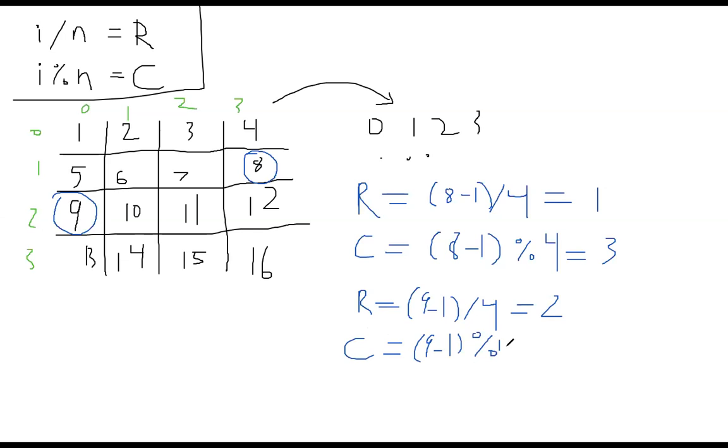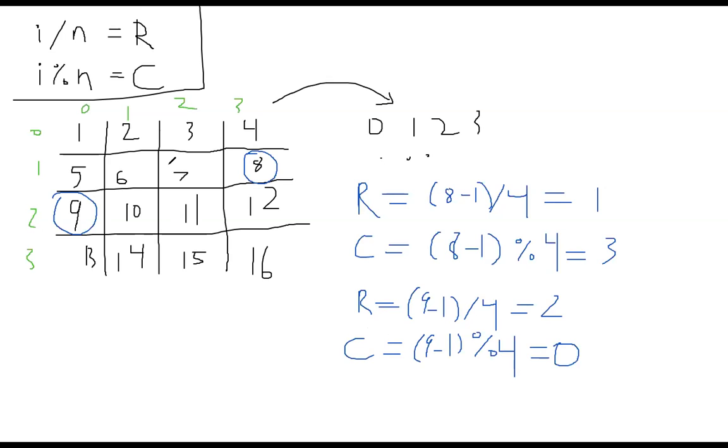So what is 8 modulo 4? 0, exactly. There is no remainder when we divide 8 by 4. And once again, it works. Our row is 2, column is 0. And that was how I got 1 through 9.